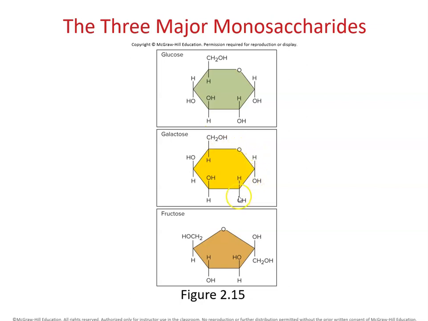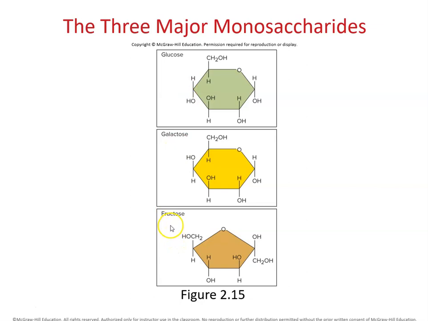Hydrogen and oxygen, hydrogen and oxygen, hydroxyl group. Hydroxyl group and hydrogen. Here's where it's different. Here in galactose, the hydroxyl group is up and the hydrogen is down. Here, the hydrogen is up and the hydroxyl group is down. That probably seems like a really small difference. In reality, it changes how the monomers can bind together. And so it really does change the chemistry of these 2 monomers.